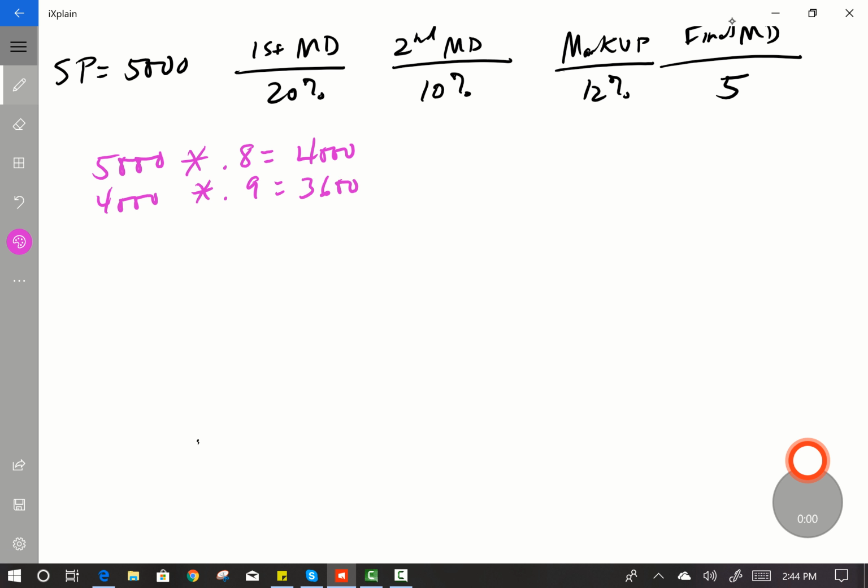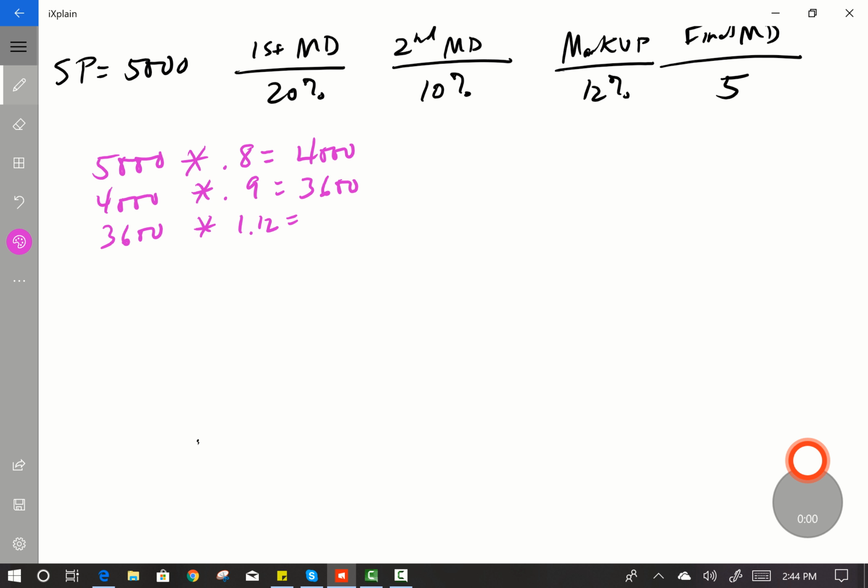And then I'm going to take $3,600 times 112%, or 1.12, after I move the decimal point 2 places to the left. I'm assuming that $3,600 is 100% of the value plus a 12% increase. So that's what made it 112%, or 1.12.